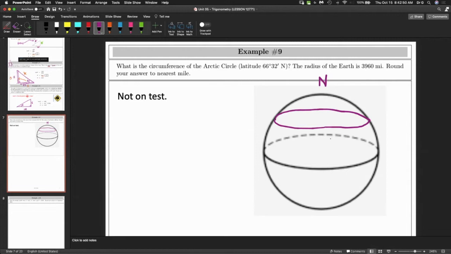Okay, there's the Arctic Circle. We want the radius of the Arctic Circle. What are we given here? We're given the latitude, which is this, and we're given the radius of the Earth. So the radius of the Earth is here. That's 3960.